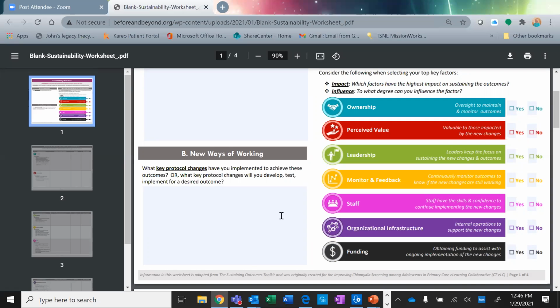And then I think the ownership part of it really stood out to me, because we are a multi-member team as everyone is, and just thinking about who's going to help us make sure that this is still going. So those two really jumped out to me right away. What I would like to think a little bit more about is monitoring and feedback. How much are these still getting used? What would we need to change, and how would we do that going forward? So those are the three key areas popping to my mind right now.